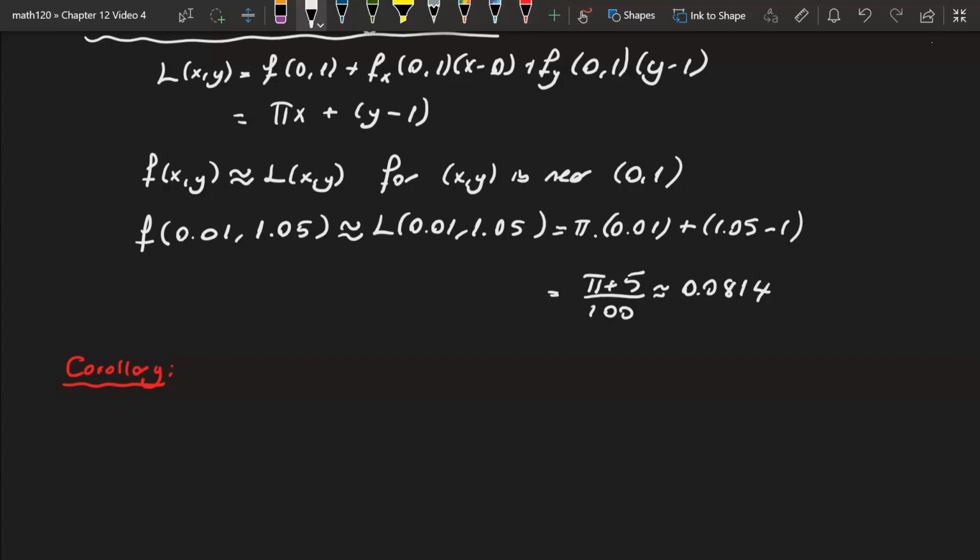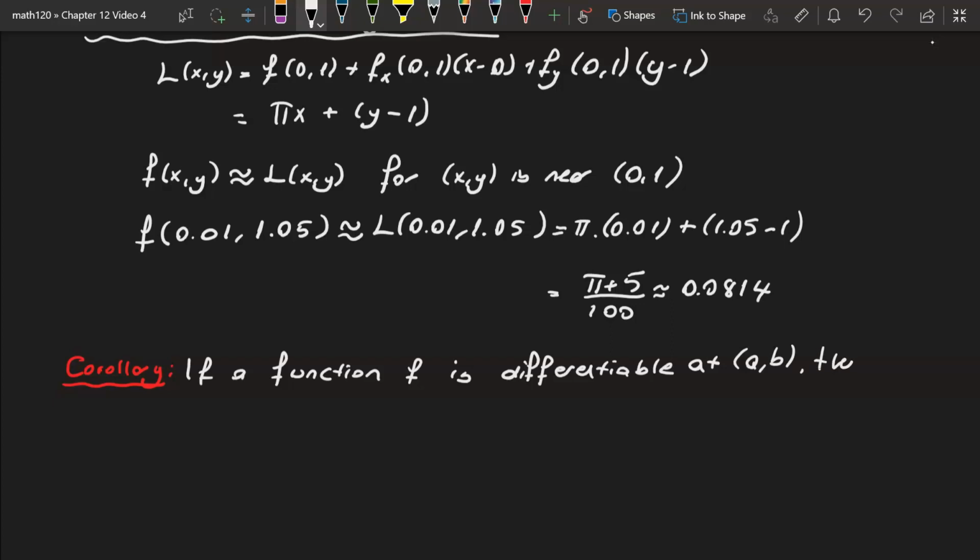If a function f is differentiable at (a, b), then it's continuous at (a, b).